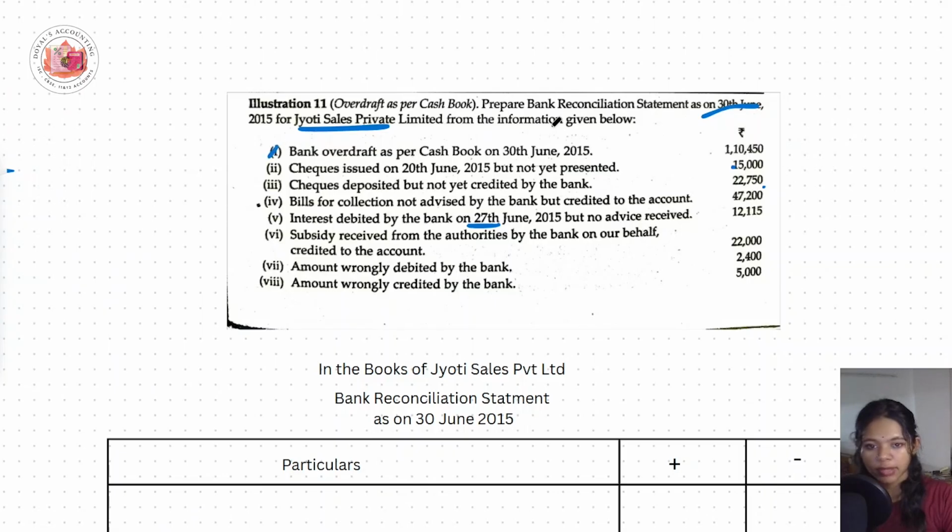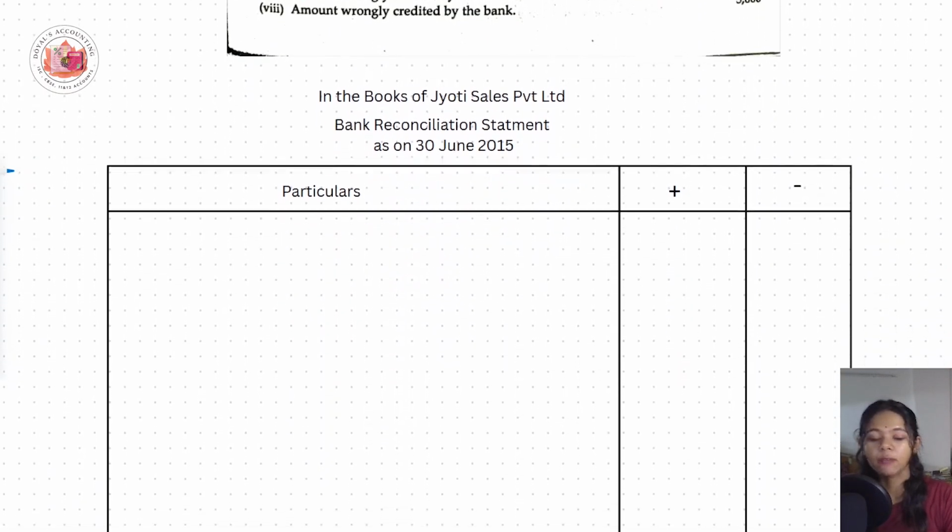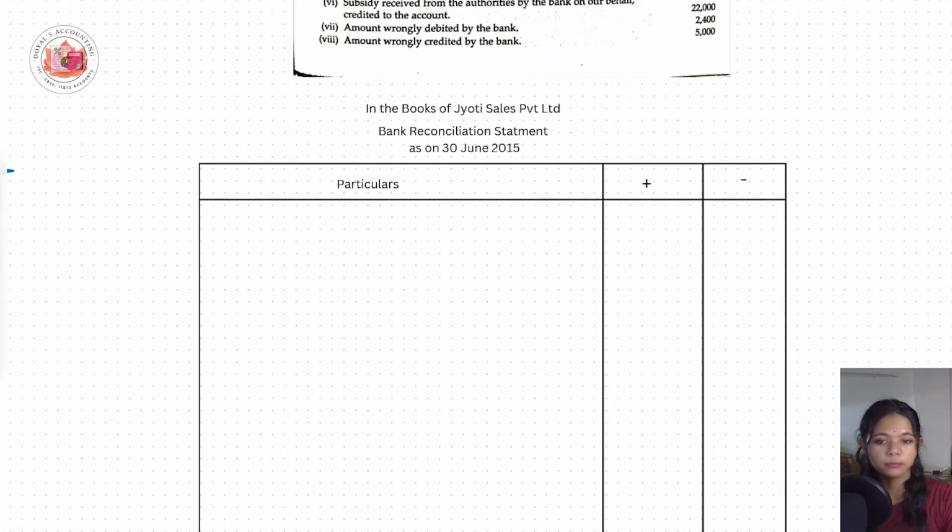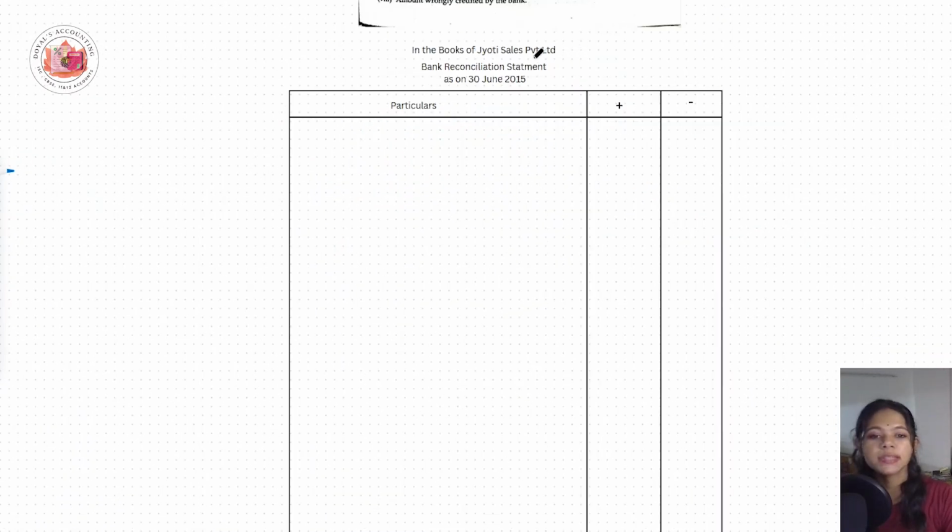Bank overdraft as per cash book on 30th June is 1,10,450. They have not given us any passbook balance, so this means that we have to start with our cash book balance. I have already drawn up the pro forma in the books of Jyoti Sales Private Limited, bank reconciliation statement as on 30th June 2015.